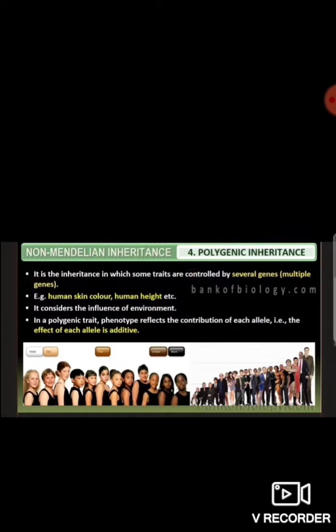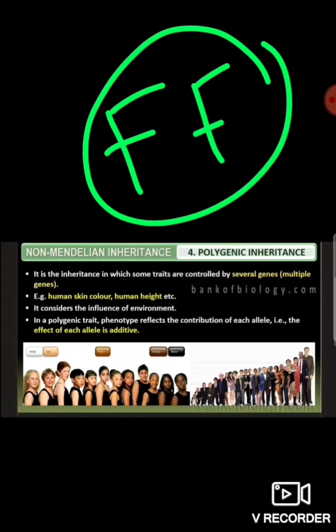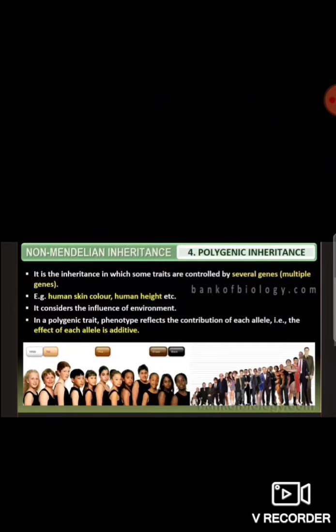And the environment also plays an important role in polygenic inheritance. As I said, if somebody has the genes to be fat, but is not eating good food, then the genes will not express to make them fat.